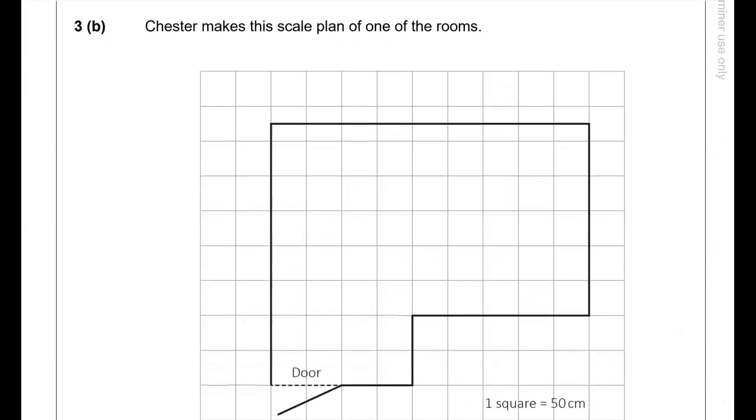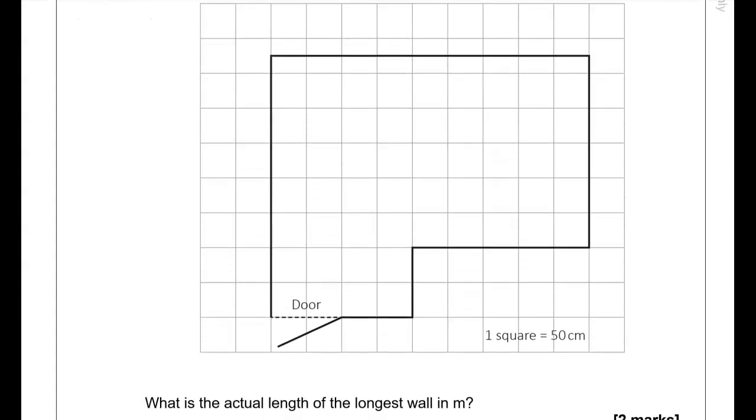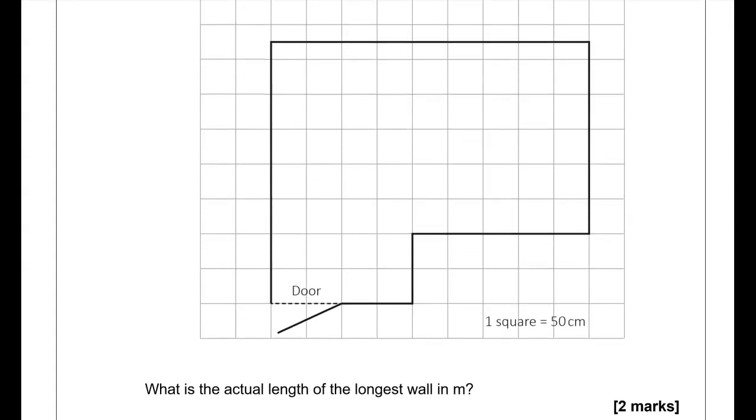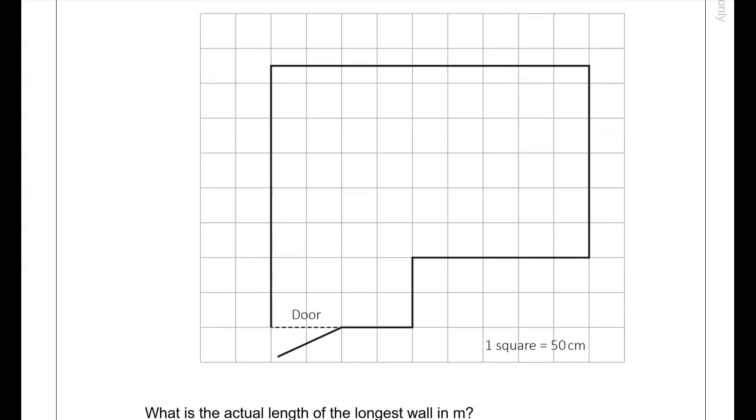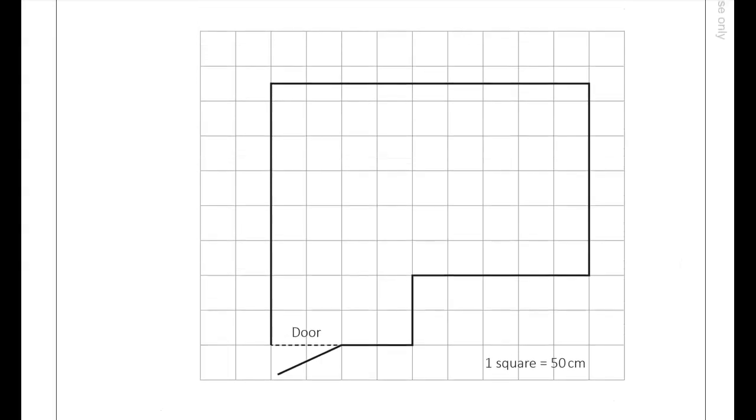Chester makes the scale plan of one of the rooms. What is the actual length of the longest wall in meters? So which one is the longest wall? This one seems to be the longest wall, and you can always check by counting the squares.